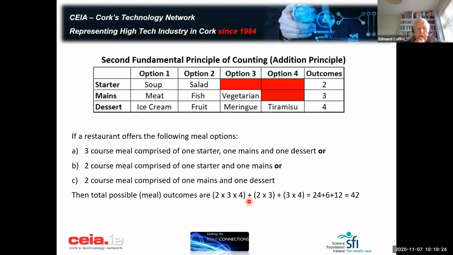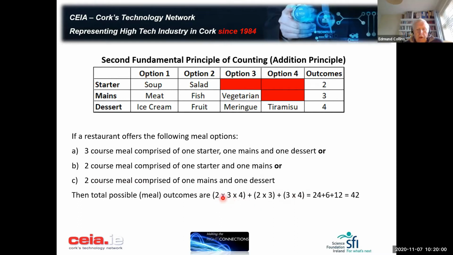So you see we're using the multiplication principle here for the first option. So the 3-course meal, that's 2 by 3 by 4. And we use it as well here for the second option. It's 2 by 3, because we can have 2 starters and 3 mains, so 2 by 3. And then finally for the last option, a 2-course meal comprised of 1 mains and 1 dessert, there's 3 options here. 3 by 4 is 12.